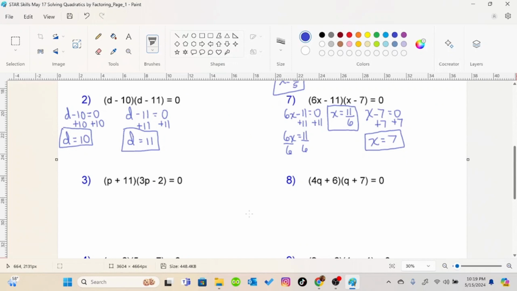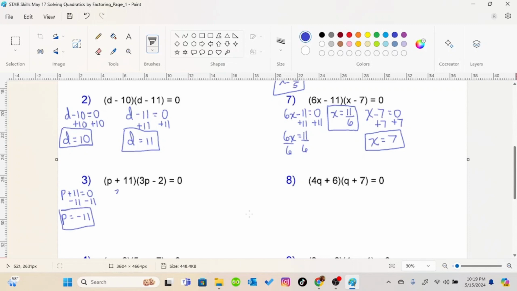Number 3. We'll set the first factor, p plus 11, equal to 0. Subtract 11 from both sides, and you get your first answer that p equals negative 11.